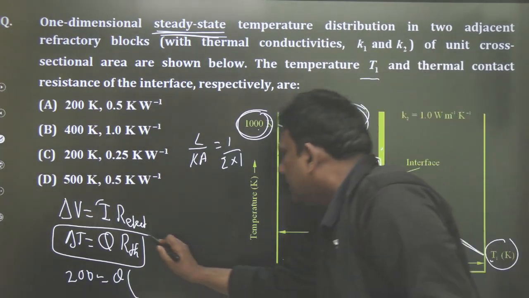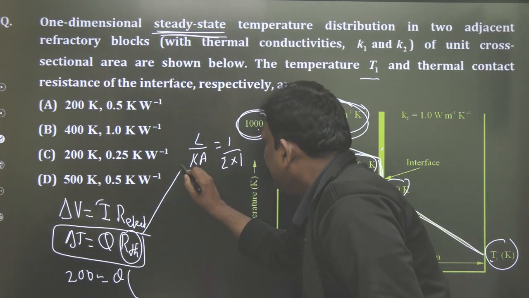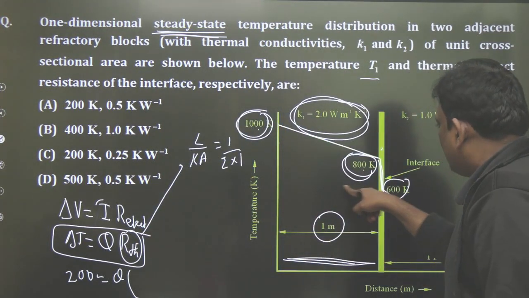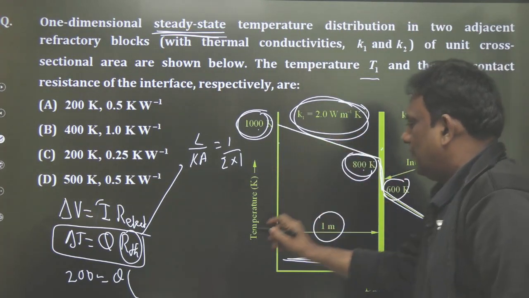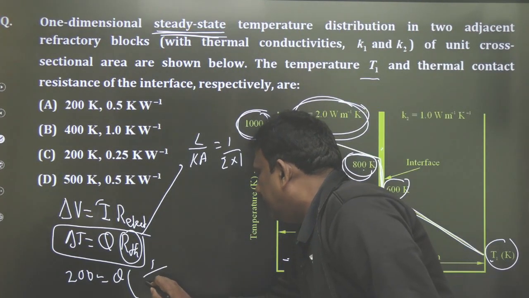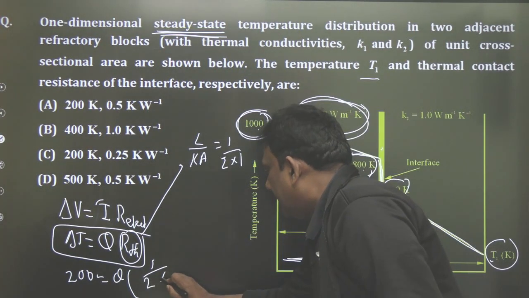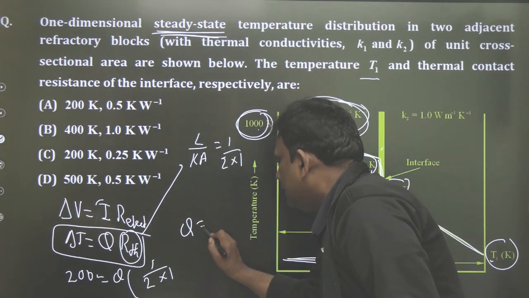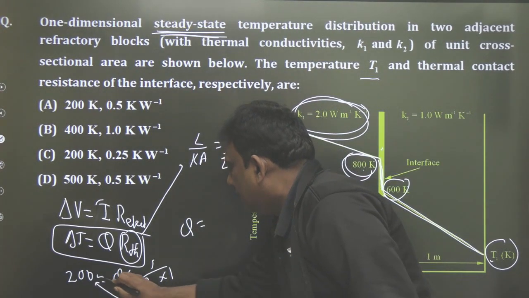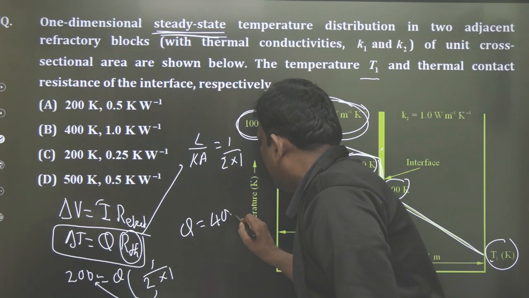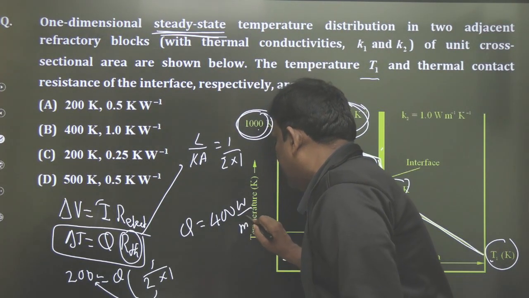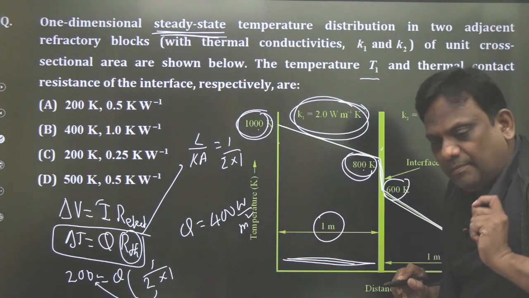So L by K is 1 by 2. The 2 will come to the other side, so Q is 200 into 2, which is 400 watt. Of course, it is per meter square because we have calculated for 1 meter square area.